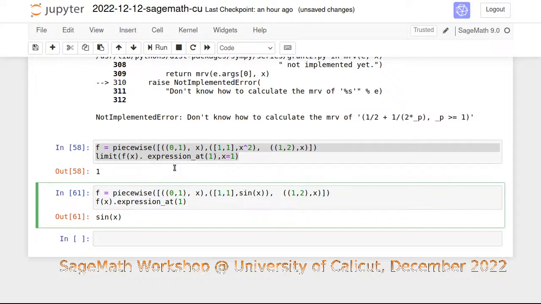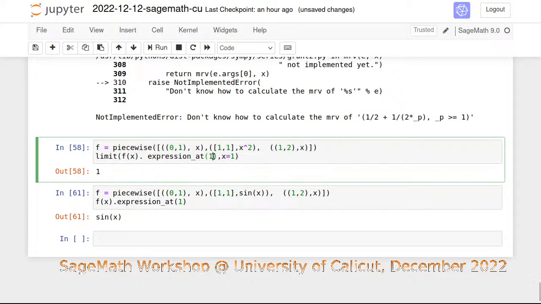Okay, that's it. The function value at that particular point. So when we apply the limit, okay, so essentially what happens is we need to interpret it like this. So expression at 1 essentially means that at the point 1 what exactly the piece corresponding to f is, that's it. There is nothing else.